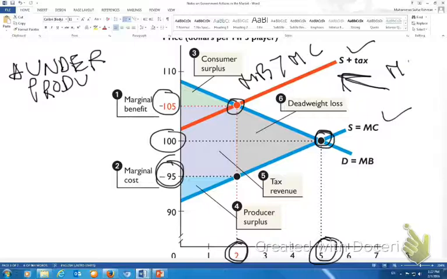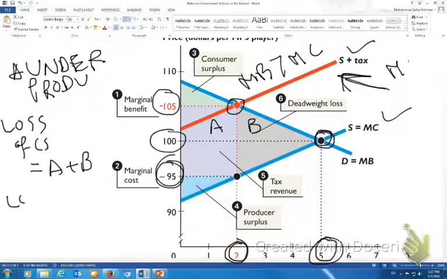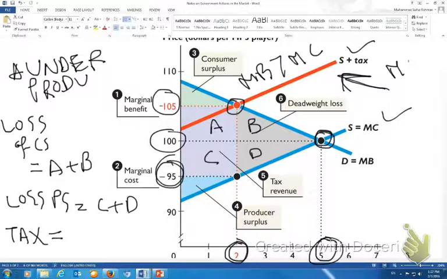We have seen, just like in the previous case, anytime there is an underproduction, there is going to be deadweight loss. So just like the previous case, the loss of consumer surplus is area rectangle A plus triangle B, and the loss of producer surplus is the rectangle C and the triangle D. But then the government appropriates part of this loss by collecting A from the consumer and C from the producer.